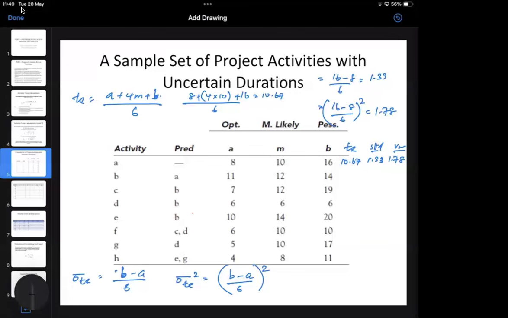If you finish, let me know. Activity B, what is the weighted average time? 12.17.